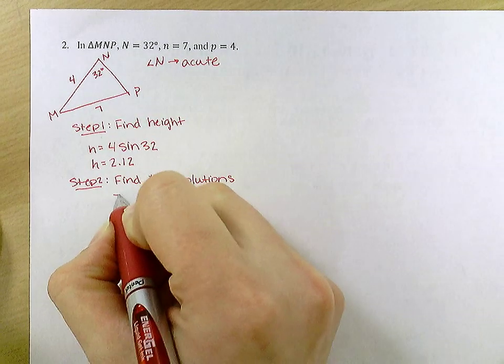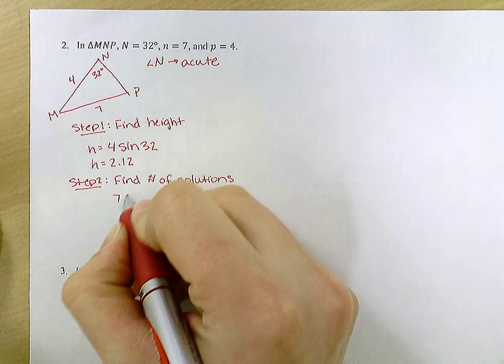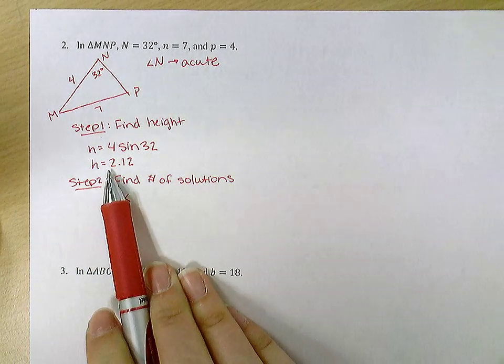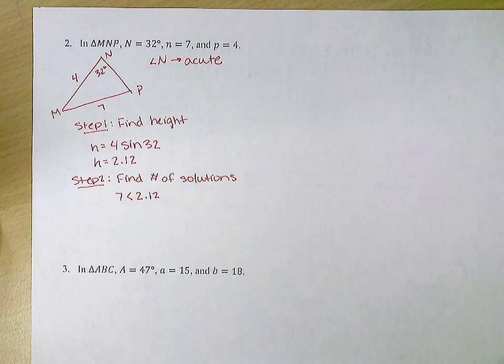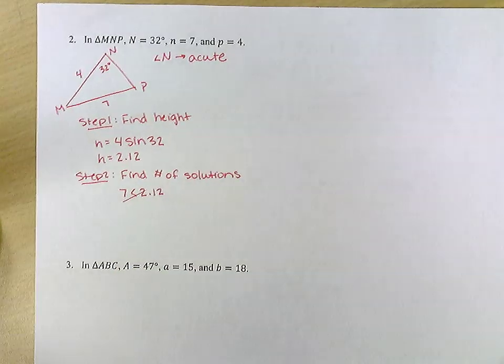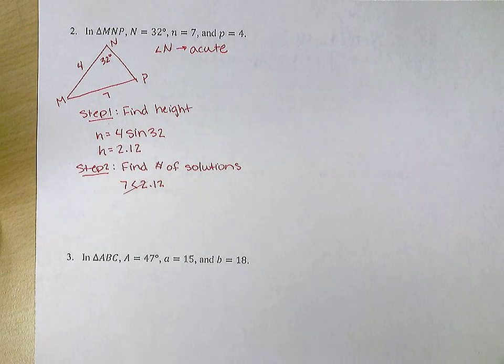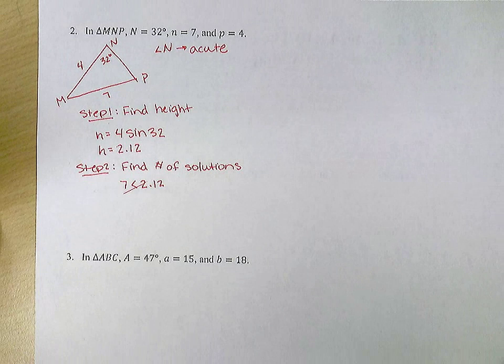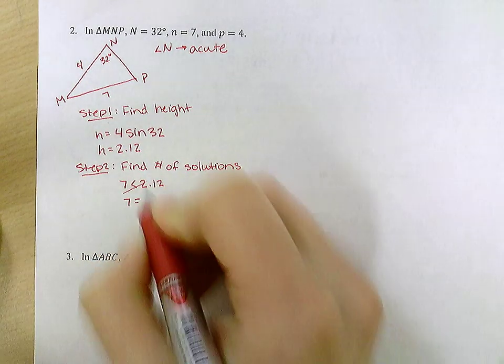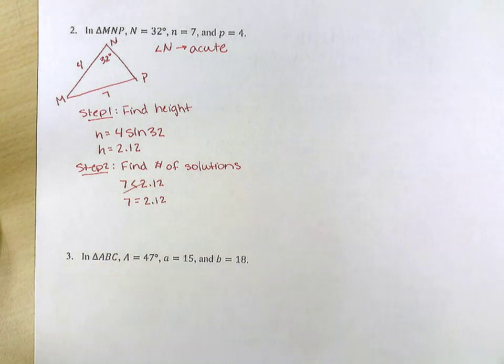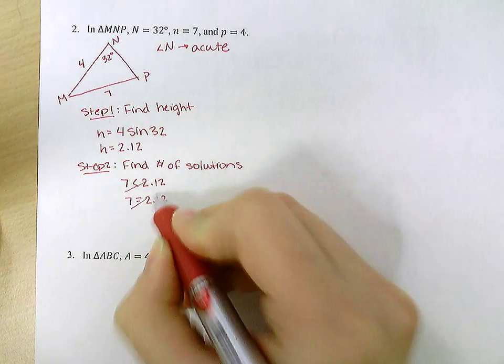Okay, so I'm going to see if 7 is less than our H value. Okay, so is 7 less than 2.12? No. Okay, so that's not the case we're using. Next one is A equal to H. So again, A is the side opposite the angle we're given. So again, 7. Is that equal to 2.12? No.